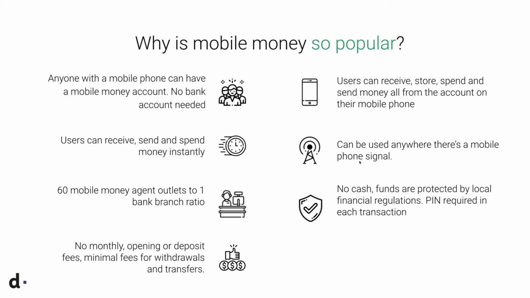And what this ratio means is not only convenience for users living in cities, but also, and most importantly, coverage throughout the country, especially in towns that didn't have access to an ATM or to a bank branch. Now they can count on one or more mobile money agents where they can cash in and cash out of their accounts. Another important point is that there are no monthly opening or deposit fees. The fees are charged just for withdrawals and transfers between accounts, and the fees are minimal, especially if we compare them to banking transfers.